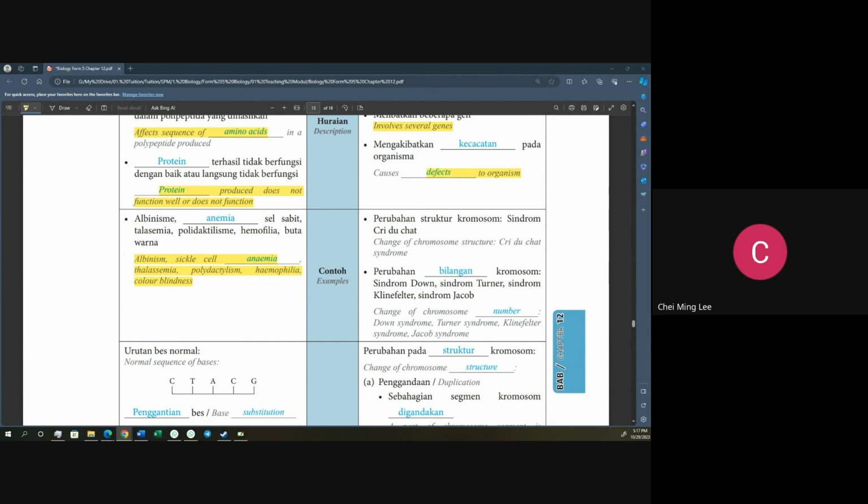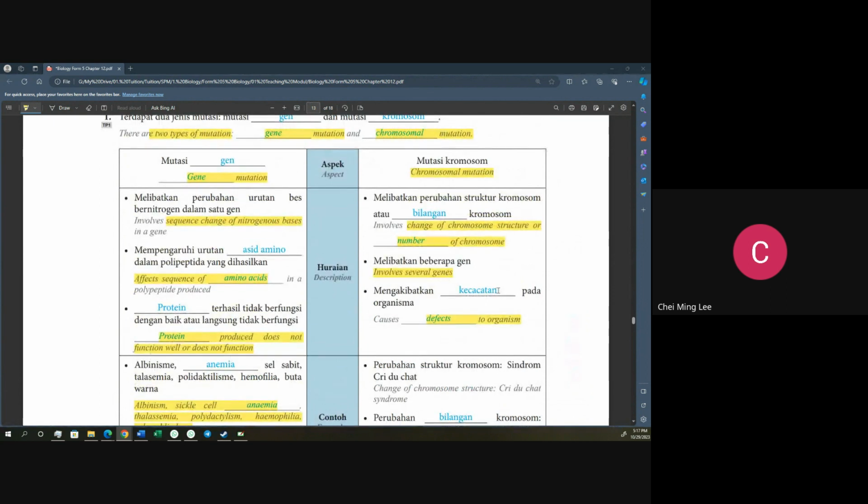Hemophilia is actually a condition where the blood will clot easily. Normally those with hemophilia are male. Their blood can clot easily, that's why your blood becomes thicker and thicker. This will cause a blockage of clot in your bloodstream.